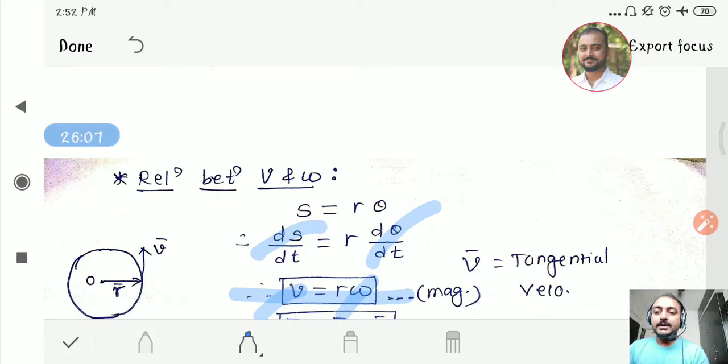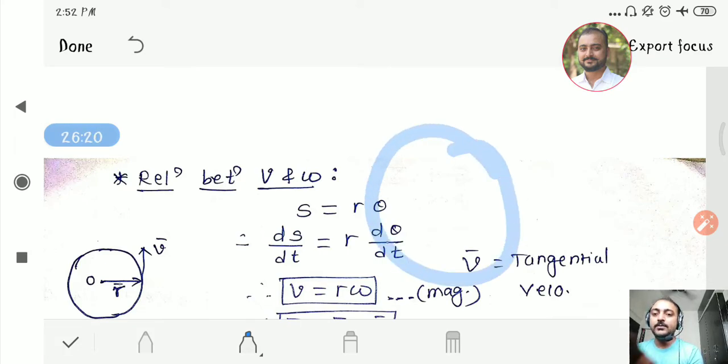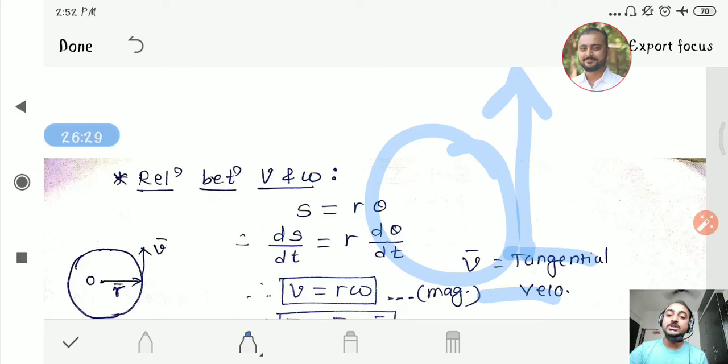So after that, this gives us the magnitude of linear velocity. And remember friends, this magnitude of velocity is always tangential to the circular path, and so it is also called tangential velocity.